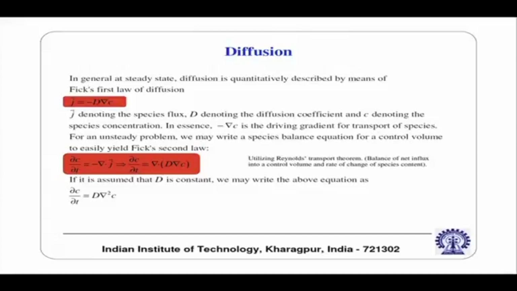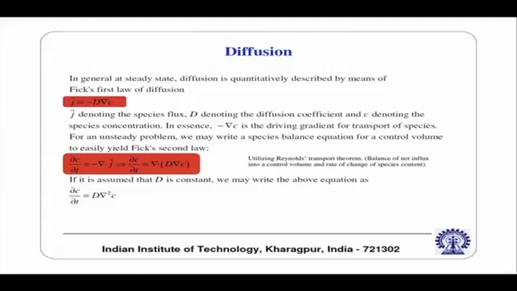So, now if you add the concept of Fick's law to the conservation equation for the mass of the species under consideration, then you can write this equation.